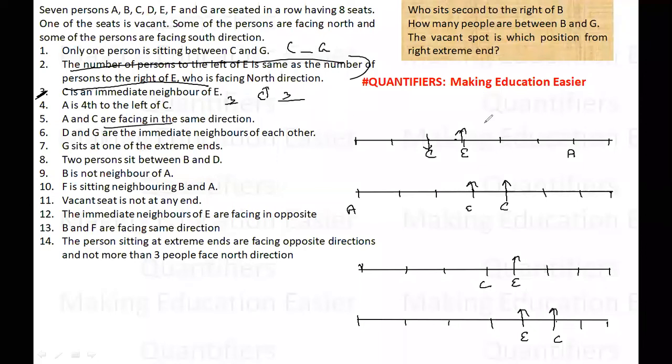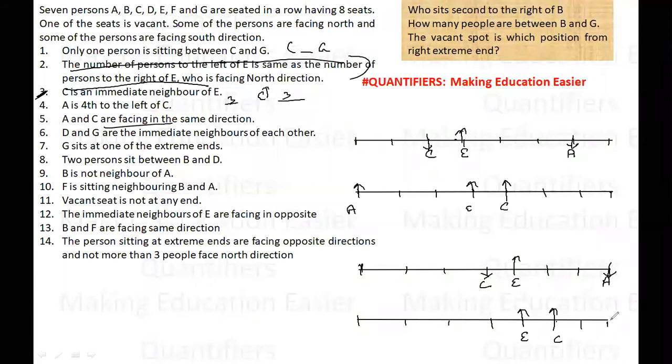A and C are facing the same direction. That is given to us. Now if I talk about C at this point, if I take C outwards, then first, second, third, fourth left, again not possible. If I take C this way, first, second, third, fourth, A will come here. Direction will be south.